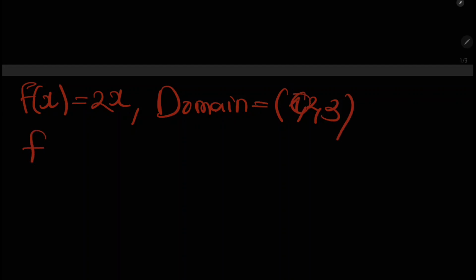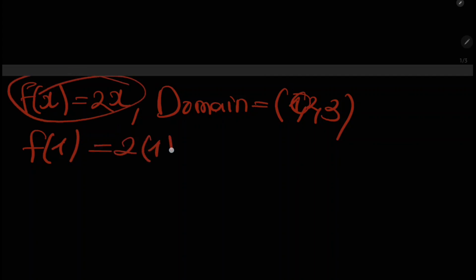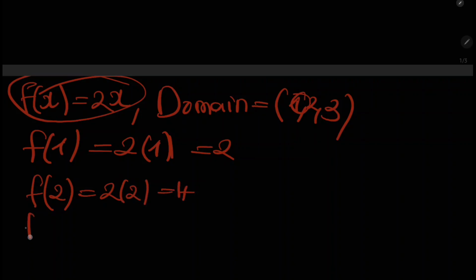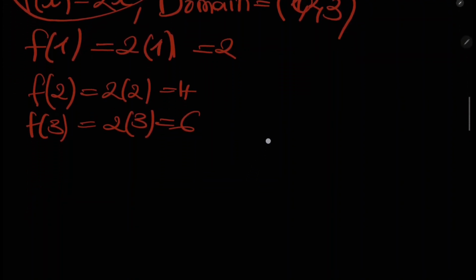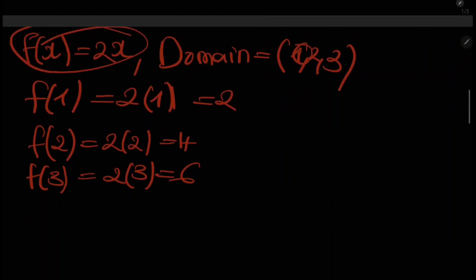We take the first number, f(1), and substitute it into our equation. So we have 2. We take f(2), we have 4. And we take f(3), and we have 6. So this is our domain.